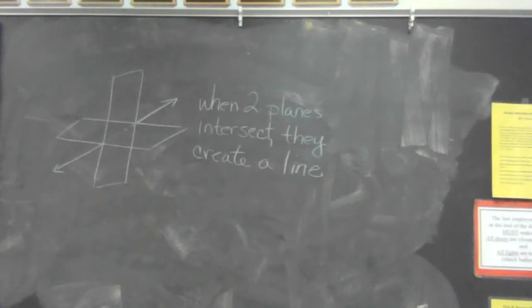And on A, it says name the planes. So you could either use 3 points. You could say plane ABC, and then the other plane is going to be BEA, BEC, or you could just use that letter T and that letter L. The picture has a T and the L. You can name them like that. But the plane is the flat surface, right?